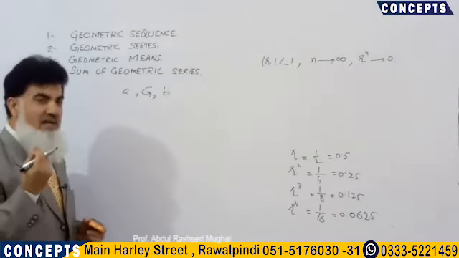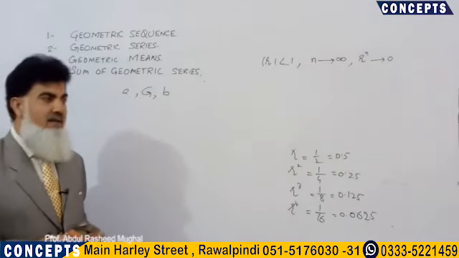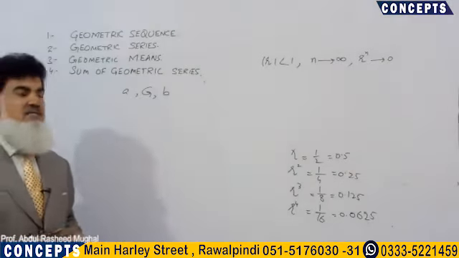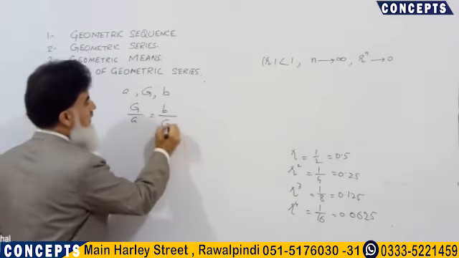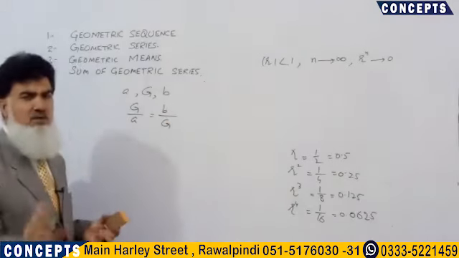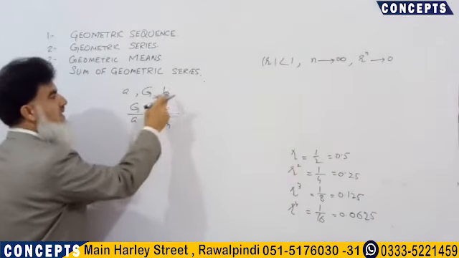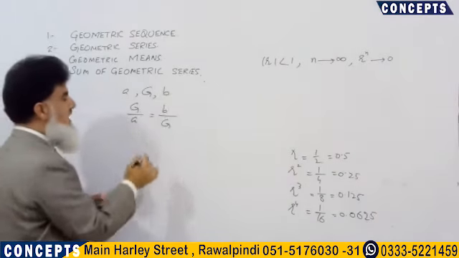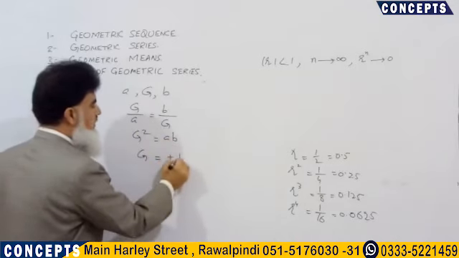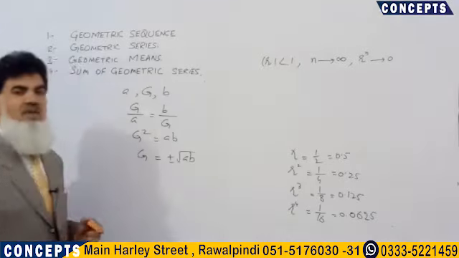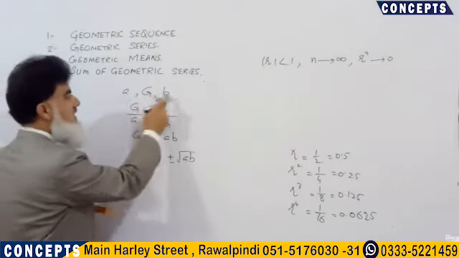As per the definition of a geometric sequence, the common ratio between any two consecutive terms is the same: second divided by first is equal to third divided by second. So G squared is equal to AB, and G is equal to plus or minus the square root of AB. These are the two geometric means between two numbers A and B.